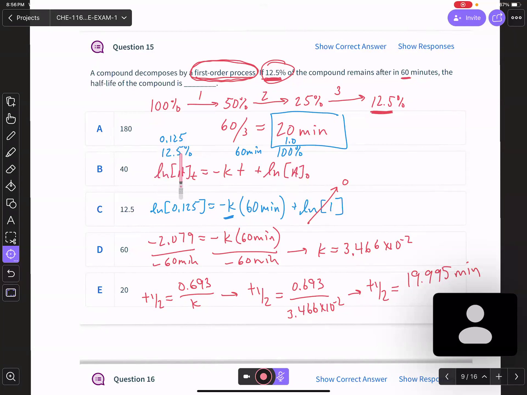We would need to be told what percentage we're looking for, but we want to use this as a decimal and not as a percentage. We would be told the time between those two, and from there we could find the rate constant. Once we find the rate constant, then we can use our half-life equation to find the half-life for that reaction. So a little bit more involved if you don't know if it's a nice clean half-life or not.